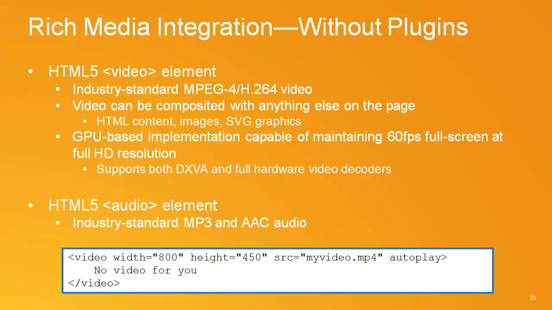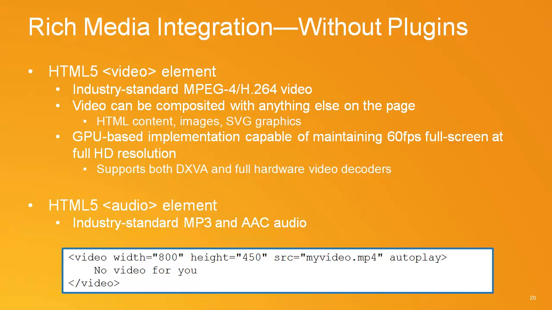We also have a GPU-based implementation capable of maintaining 60 frames per second at full screen at full HD resolutions, which is able to support hardware video decoders in a way that makes it native to the user and takes advantage of all of the powerful features that are available in the hardware where the browser runs.